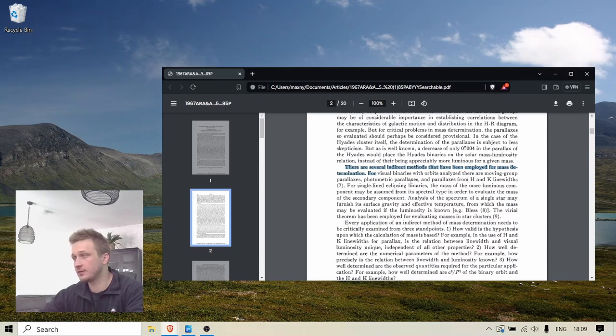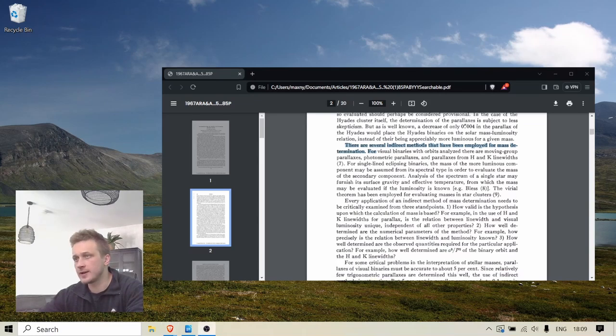For single line eclipsing binaries, the mass of the more luminous component may be assumed from its spectral type in order to evaluate the mass of the secondary component. Analysis of the spectrum of a single star may furnish its surface gravity and effective temperature from which the mass may be evaluated if the luminosity is known. The virial theorem has been employed for evaluating masses in star clusters.